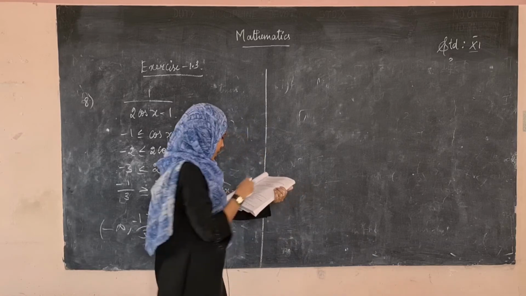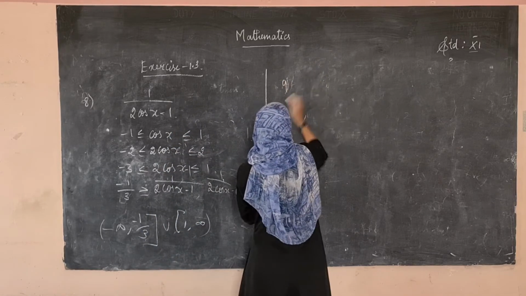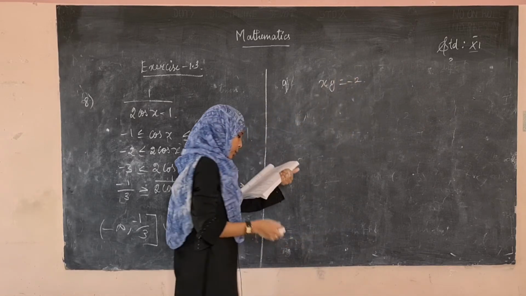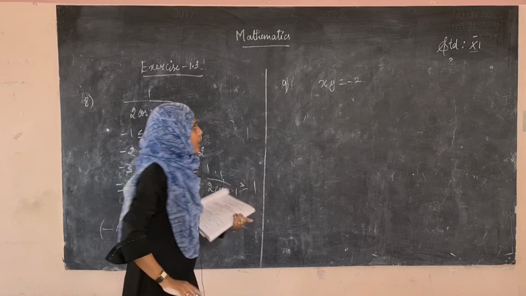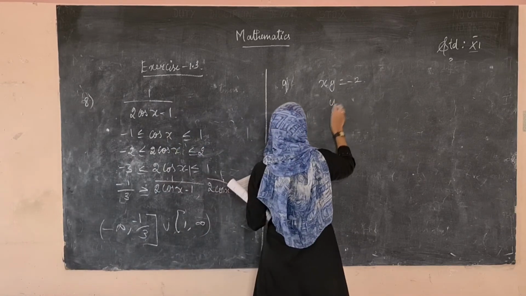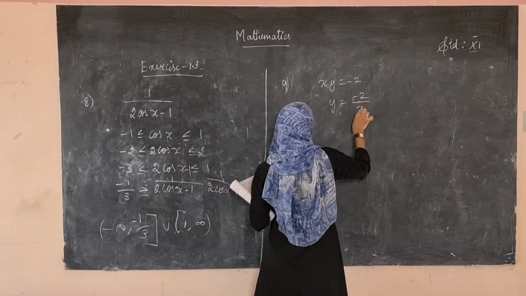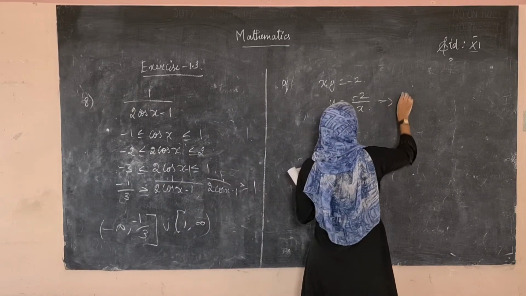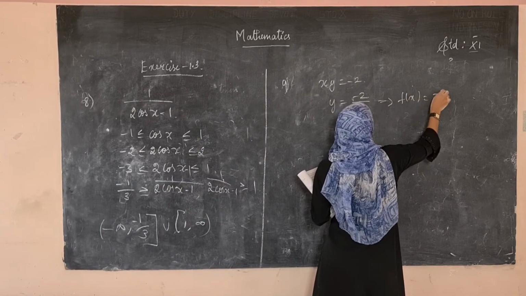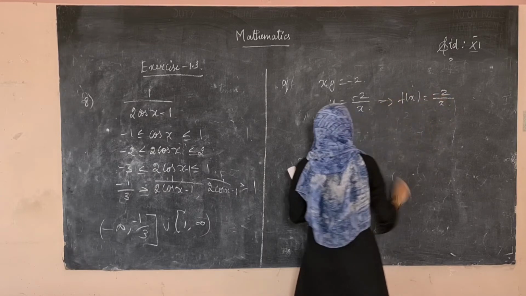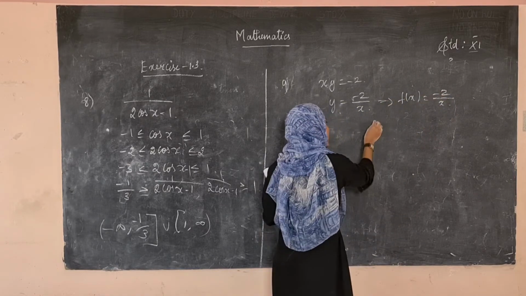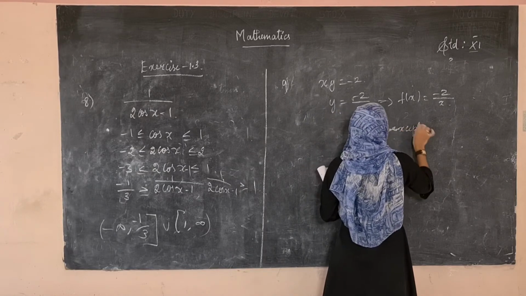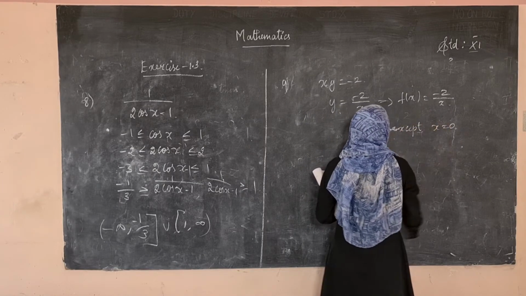Show that the relation xy is equal to minus 2 is a function for a suitable domain. Find the domain and the range. So, this relation can be written as y is equal to minus 2 by x, right? Here y is f of x. f of x is equal to minus 2 by x. So, the domain is R except x is equal to 0.